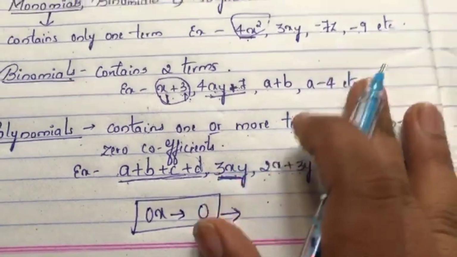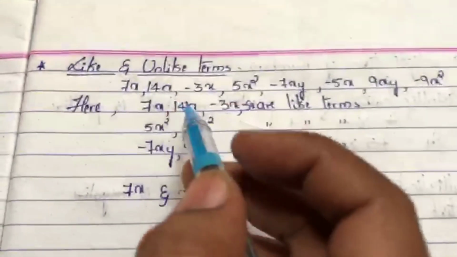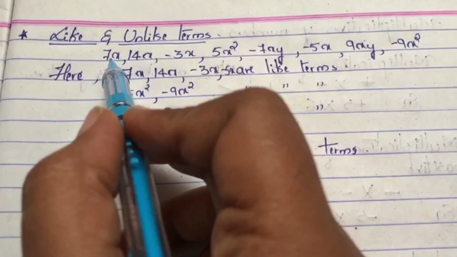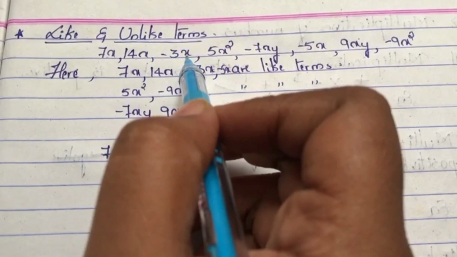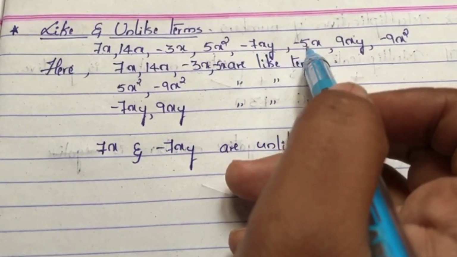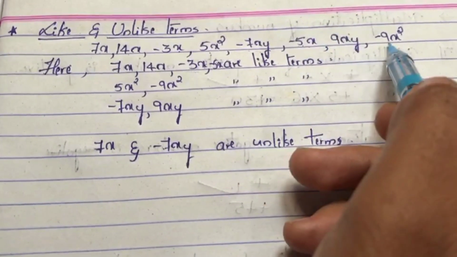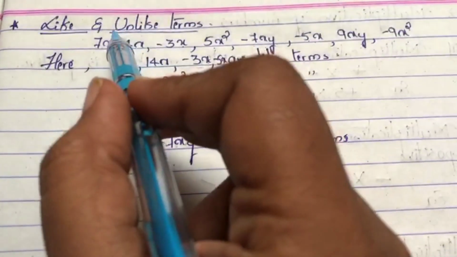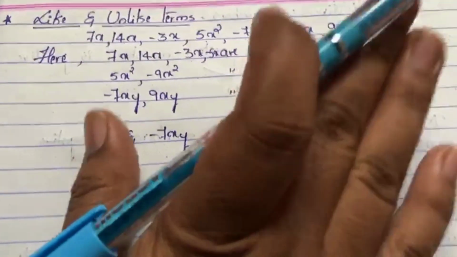Next is like and unlike terms. Let's see some examples: 7x, 14x, minus 3x, 5x square, minus 7xy, minus 5x, 9xy, minus 9x square. Here you can differentiate like and unlike terms.